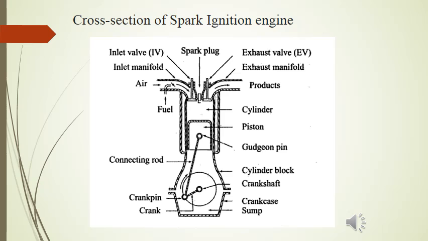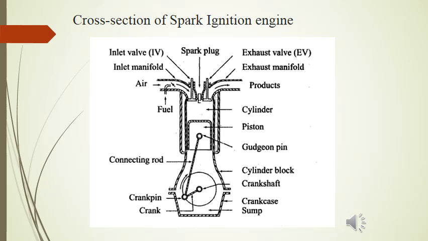This is a cross section of a spark ignition engine. Cylinder block and crankcase are the two structural units of an engine. They are either built separately and then connected together, or they are built integrally.